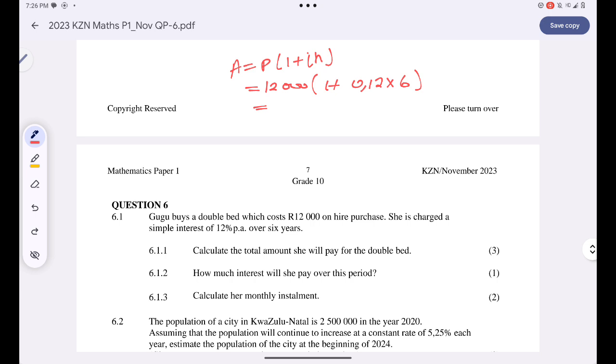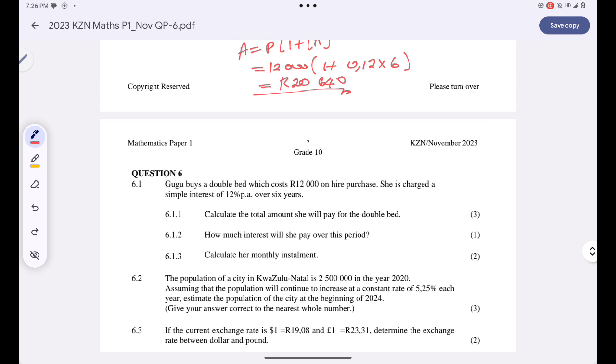So I'll simply have 12,000 times (1 plus 0.12 times 6). So the total money that Ukuku will pay is just 20,640 rands.